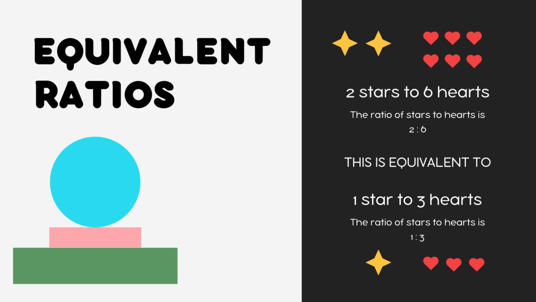This is equivalent to 1 star to 3 hearts. The ratio of stars to hearts is 1 ratio 3. As shown on the lower right side of the slide, there is 1 star and 3 hearts.